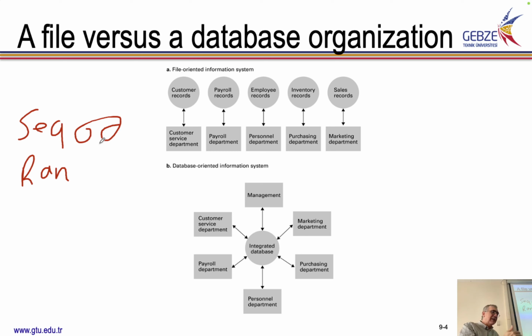As you read files, get character, get character, get character. You did that in the lab last week, right? It is sequential reading. You cannot jump there in the file. You can go through the file from the beginning.